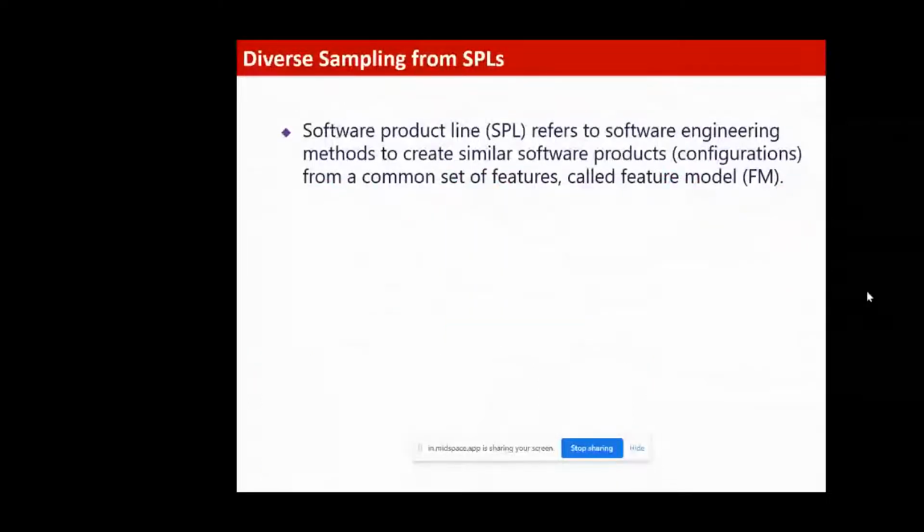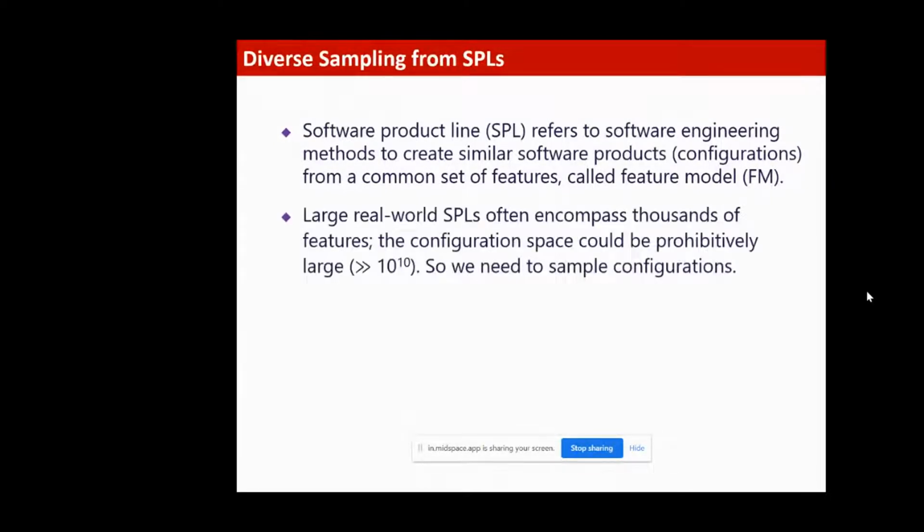A software product line, or SPL, refers to a software engineering method to create similar software products or configurations from a common set of features called a feature model. Large real-world SPLs often encompass thousands or tens of thousands of features, so the configuration space could be prohibitively large.